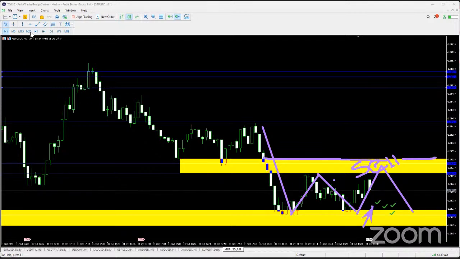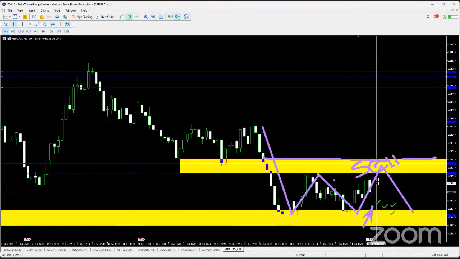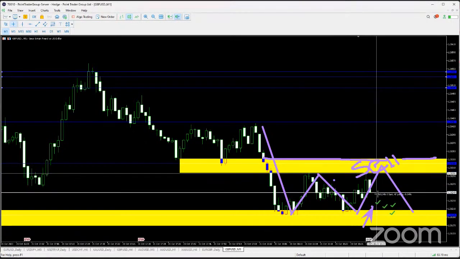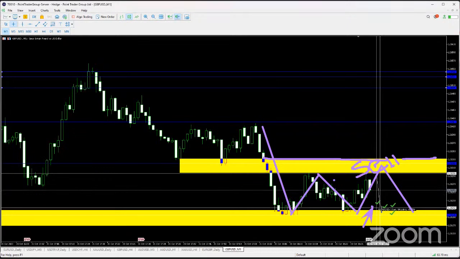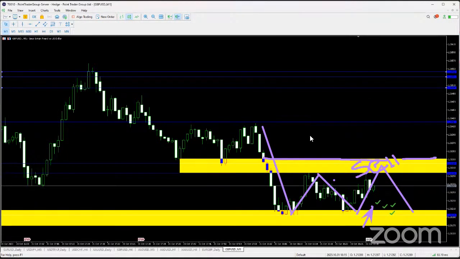Okay, reaching my final target. Entered here, now 4 points. 8 points, including the spread.